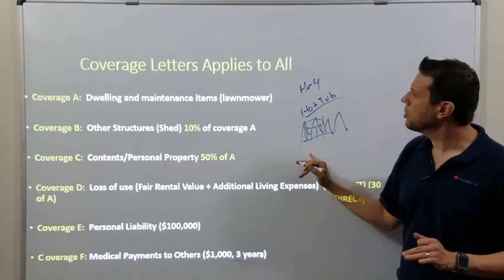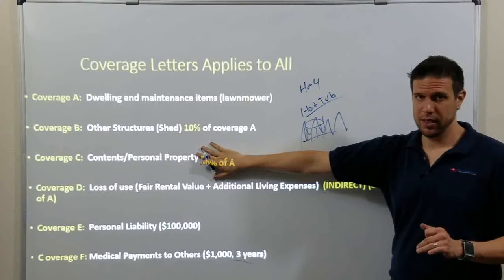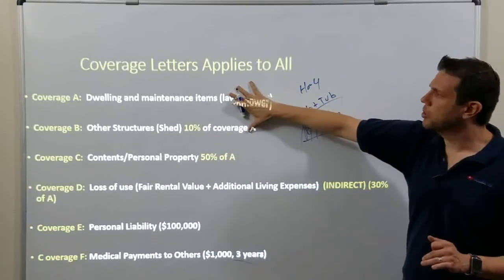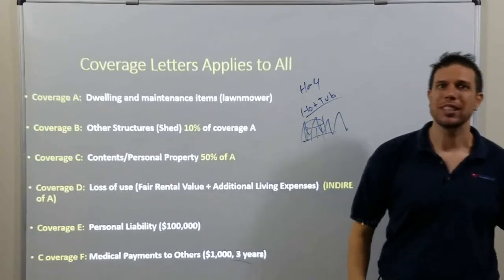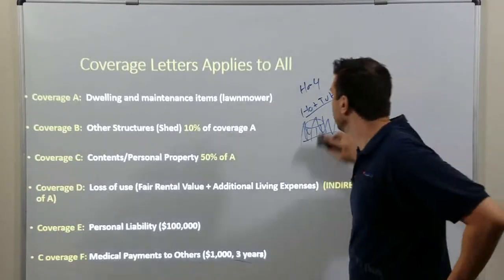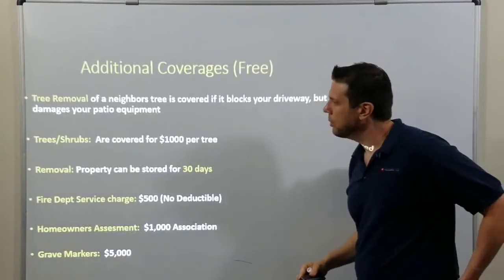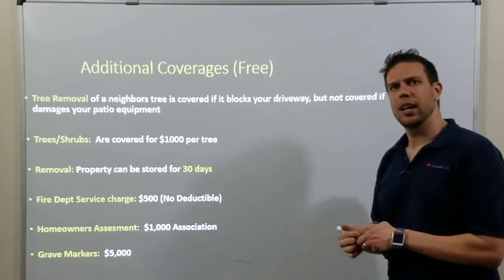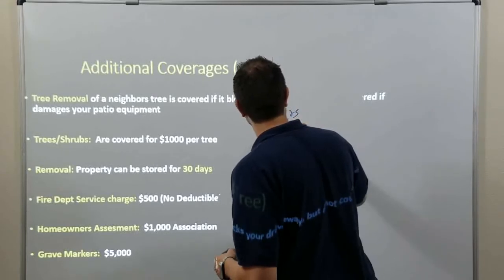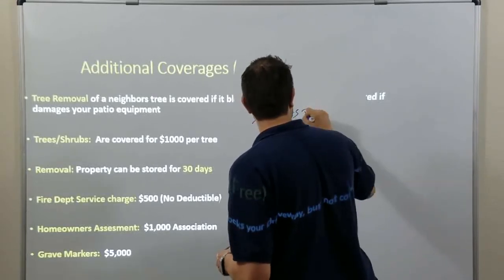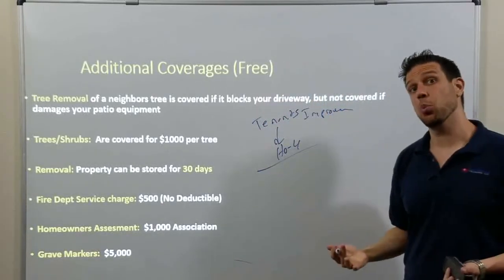Since the hot tub was permanently installed, it's not coverage C. But HO4s don't have coverage A and B. HO4s can have something called an additional coverage of tenant improvements. If the tenant improves something in an HO4, that is covered for free as well.